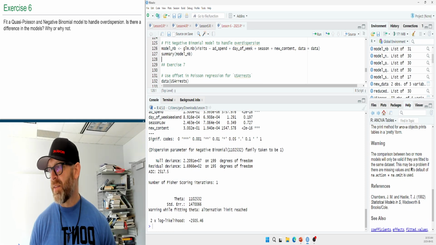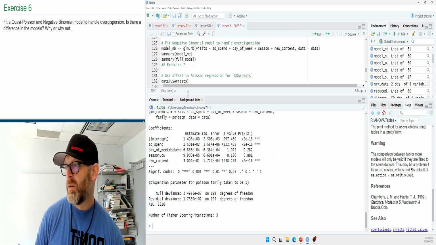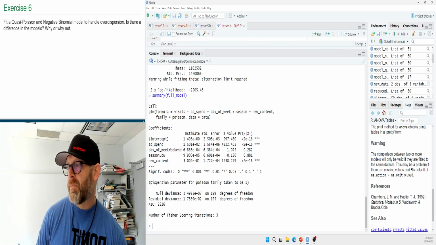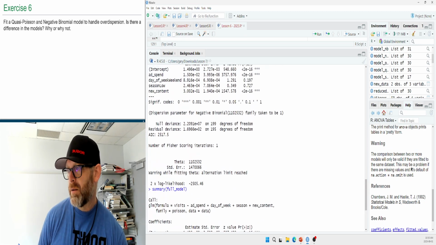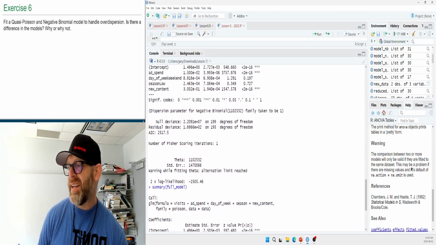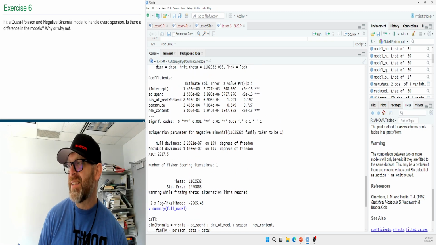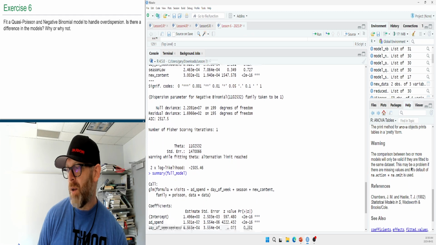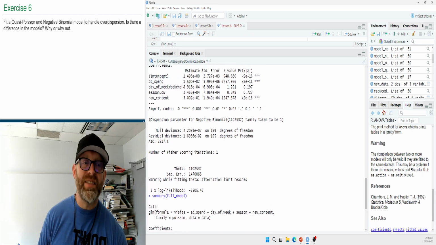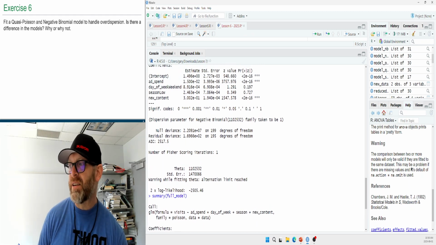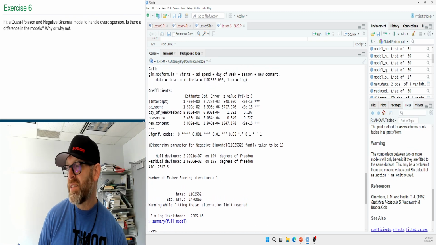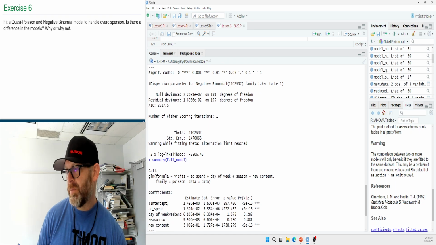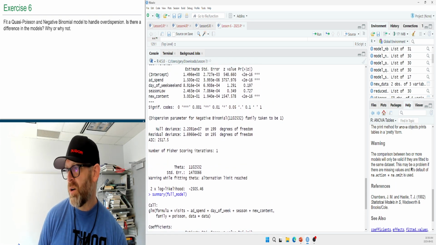and again, let's run the summary of the full. Our estimates: 1.49 e to the 0, 1.49 e to the 0, exactly the same. 1.501, 1.500, a very small difference there. 8.916, that is for day of the weekend.